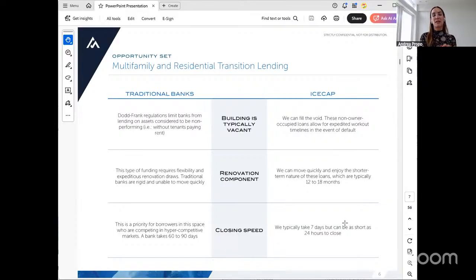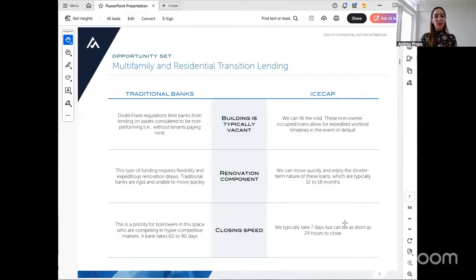These are typically vacant properties. And so these appear on the balance sheet as non-performing assets. We need them to be non-performing. We need them not to have renters in them, because our borrowers are typically moving in about 12 months to get this property cleaned up and back on the market, and usually adding units to it as well.